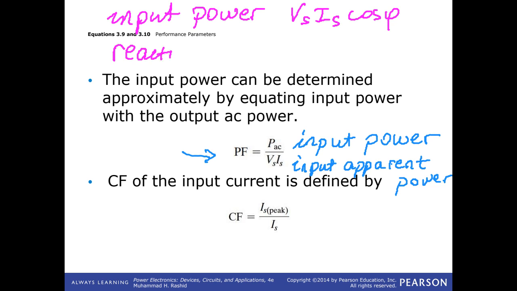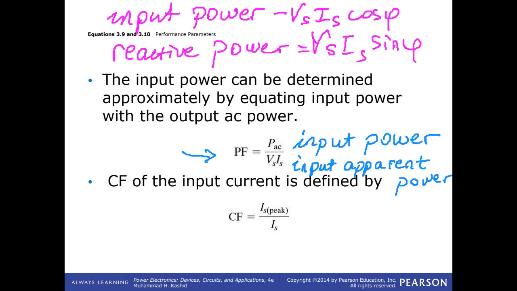For an AC network, by the way, Vs and Is are RMS values, reactive power is Vs Is sine phi. However, Vs Is is equal to apparent power.